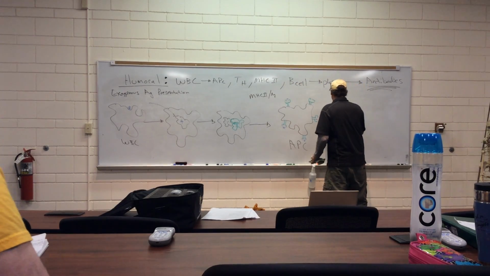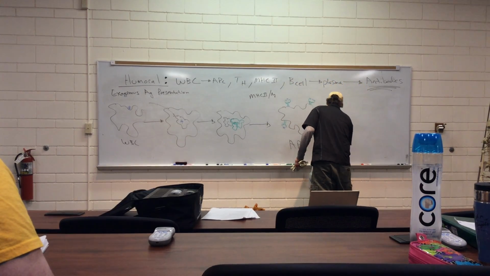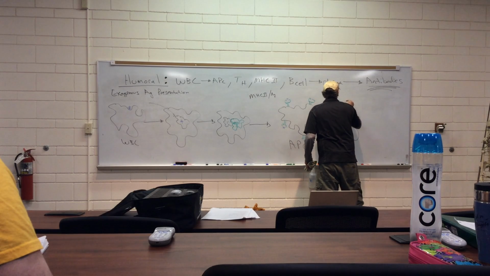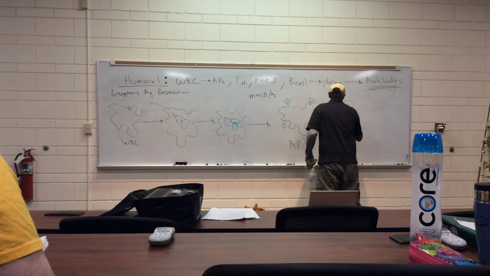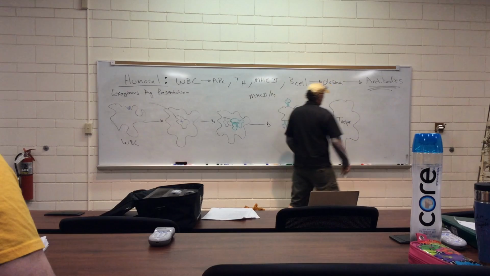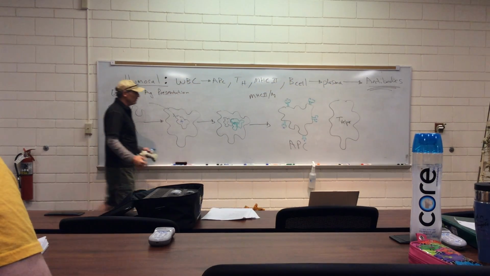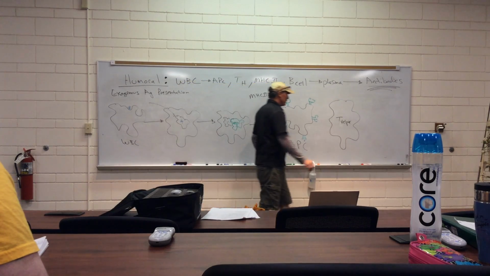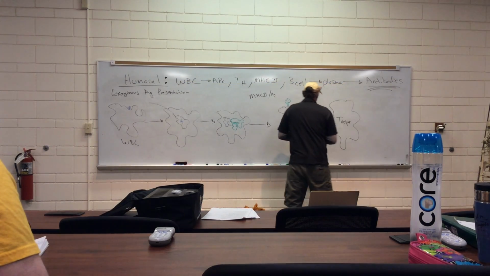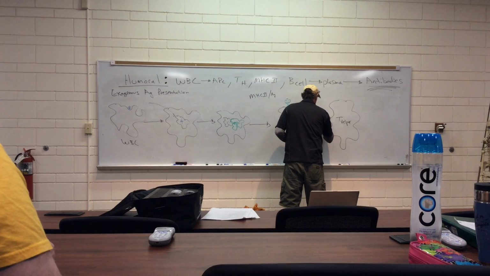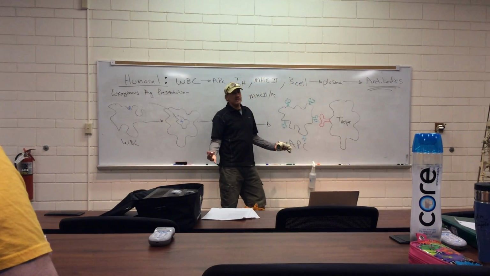This guy interacts with a second type of immune cell called a T helper cell. This T helper cell has its own immune receptor that interacts. We call this the T cell receptor.